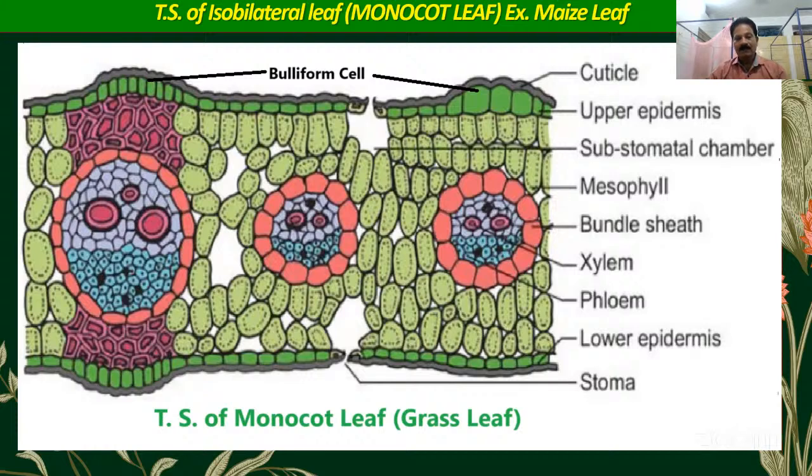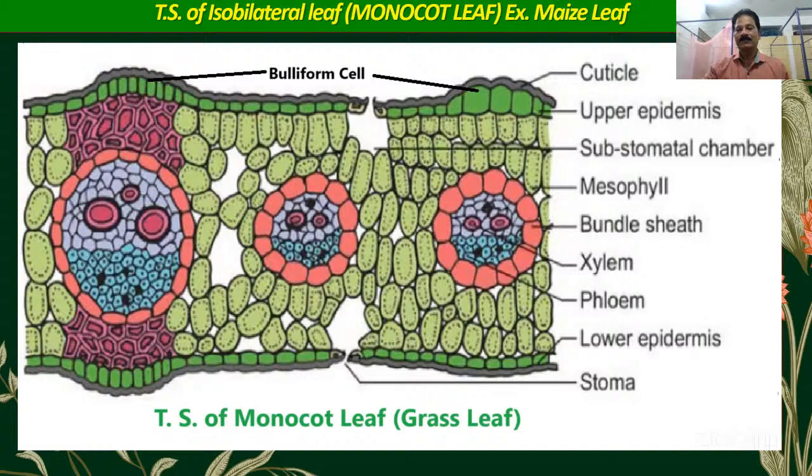Even they grow in the soils where there is less water content. Even though the water is very less, they can survive. Such plants are called xerophytes. The presence of thick cuticle on the surface is a xerophytic character. Almost all the grass plants show xerophytic character.